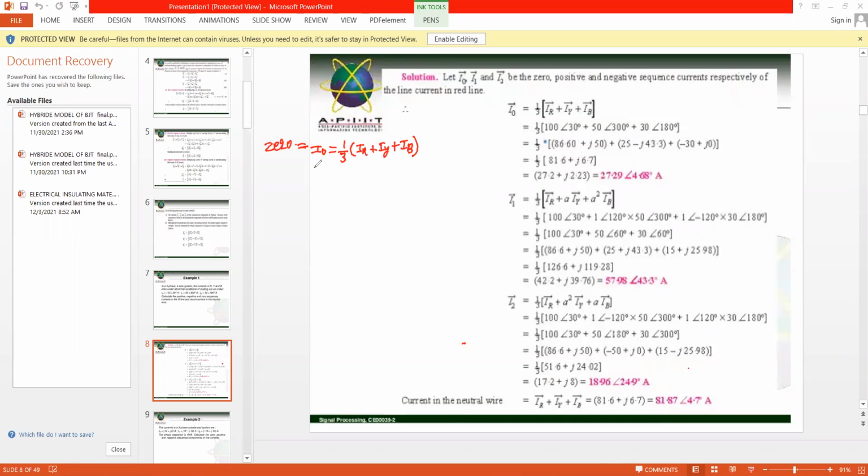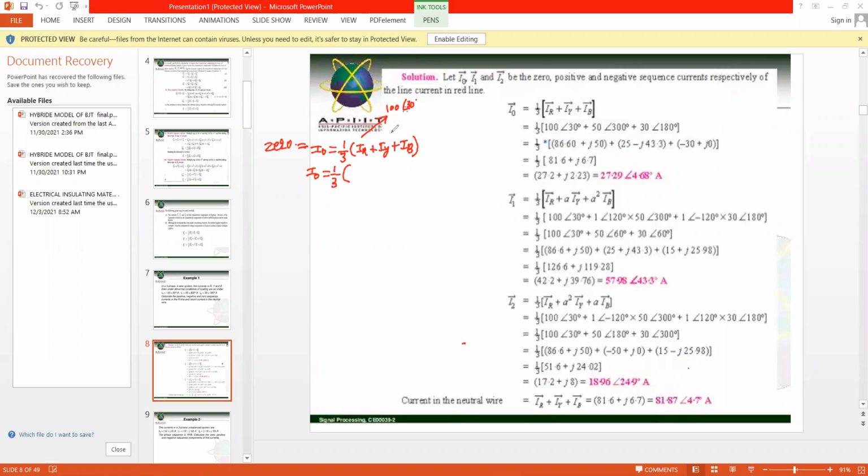Okay, so here I0 is equal to, substitute the value of IR, IY, IB. So 1 divided by 3 kept as it is. Now put the value of IR. What is IR? IR is equal to 100 at an angle of 30 degree.